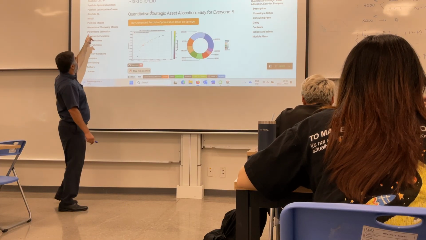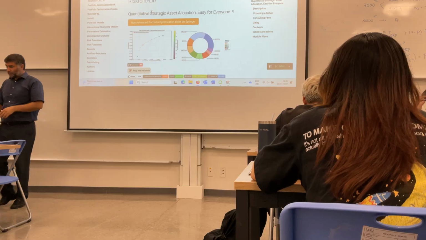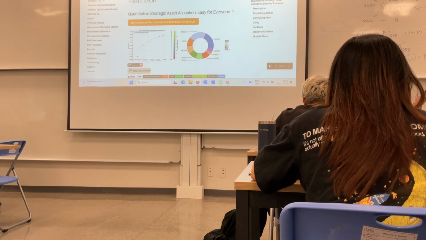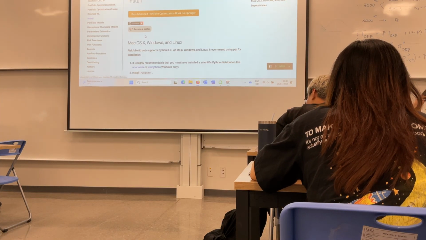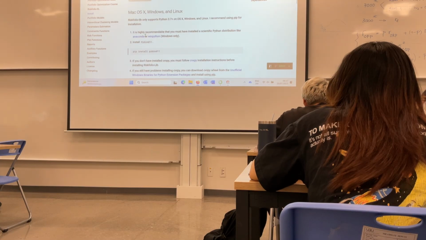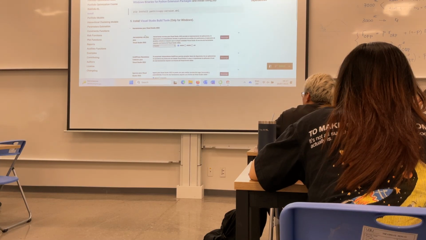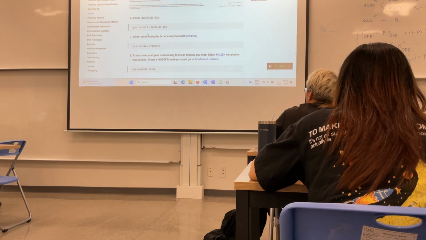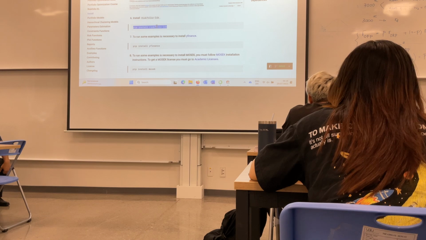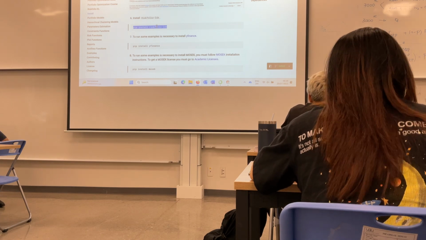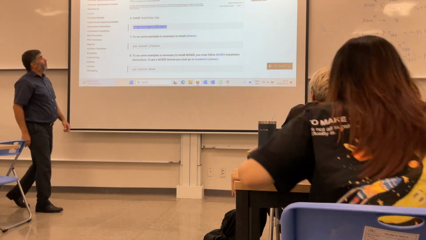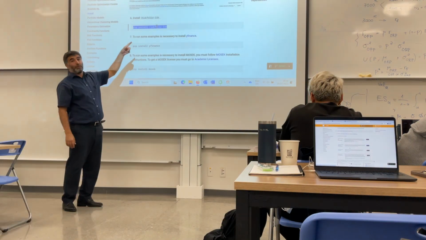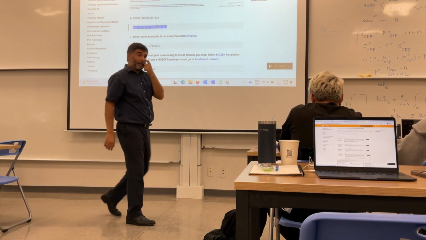Alright, so let's look at the installation. You have to install it. I don't know, now we have Windows and the Macs and so on and so forth, so that could be a little problematic. So what you do is try this. Click install RiskPortfolios lib.